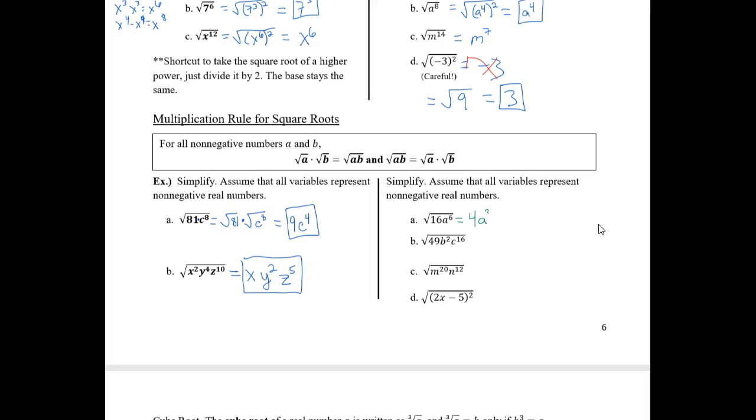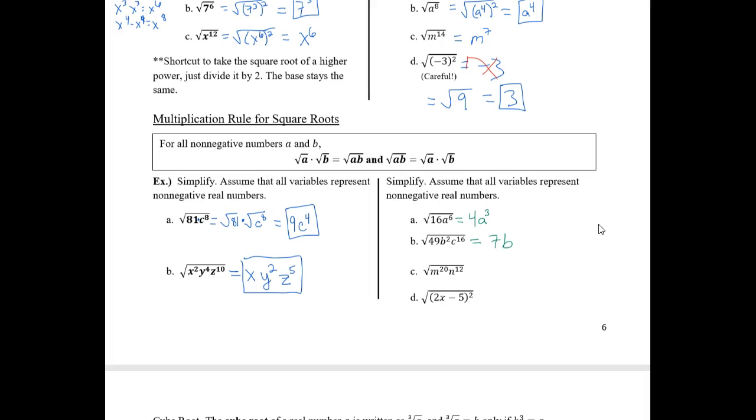So a to the 3rd power. I check it. A cubed times a cubed does in fact give me a to the 6th. Next, square root of 49. 7 times 7 would give me 49. Square root of b squared. I square it, I unsquare it, I get b.